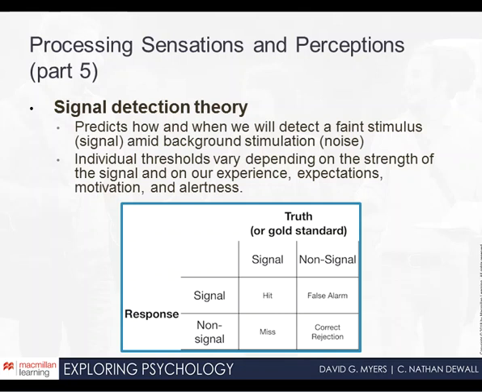Now, it states here that an individual's threshold will vary depending on experience, expectations, motivation, and alertness. So what if you did not get a good night's sleep? You may not be able to hear the bell. What if it was something very, very important to you? Then you'll make sure that you're going to be in a location where you may hear that doorbell and get to it.